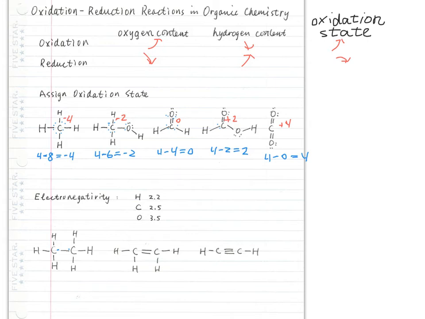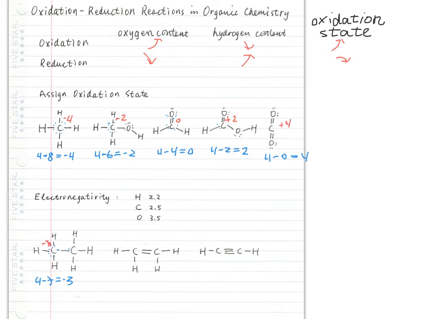So you would assign each of the carbons 1 electron. Therefore, for each of the carbons, the oxidation state equals -3. Okay, that's a 3, not a 5.